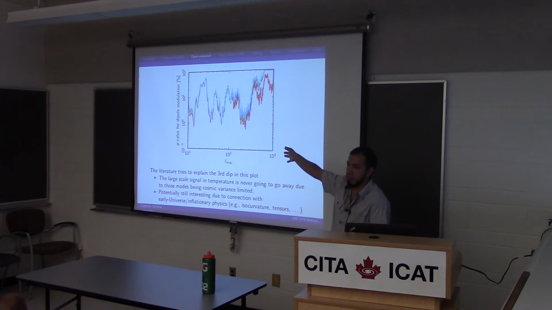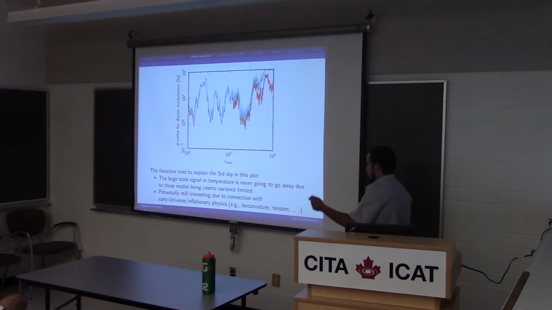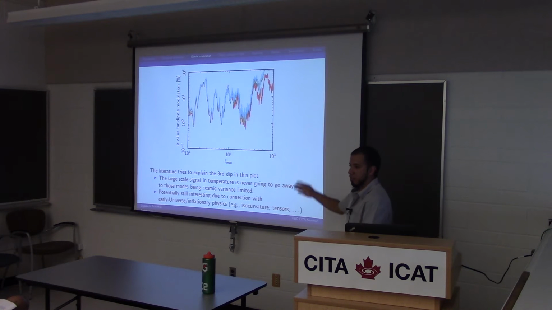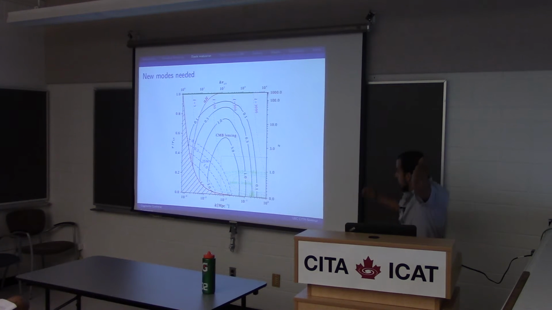If I do the measurement with a better experiment, I'm going to get the exact same result. So the only way forward is to look for new modes. Look for something else that you can follow up this signal with. And that's what I'm trying to show here.